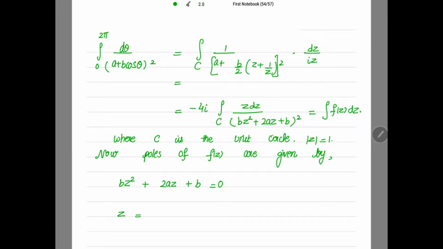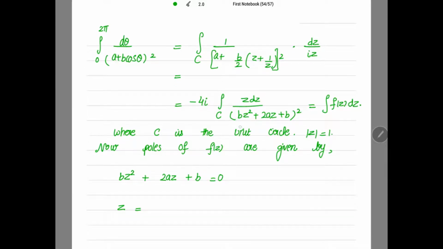Now the next step is we have to find out the poles by taking denominator equal to 0. So this denominator bz square plus 2az plus b is equal to 0, and this is your quadratic equation. You will get your roots as z is equal to minus a plus minus square root of a square minus b square over b. Right?